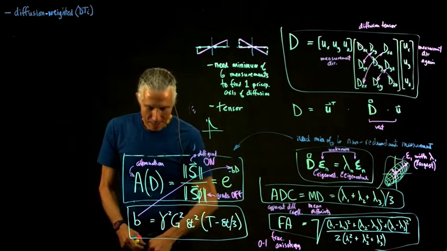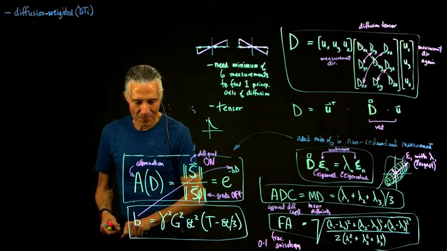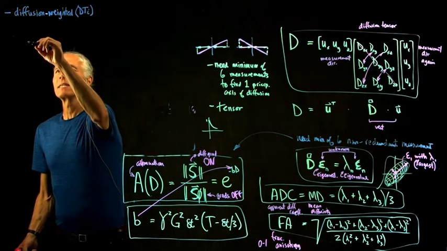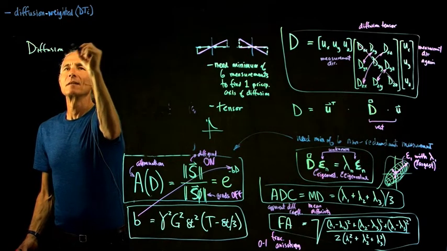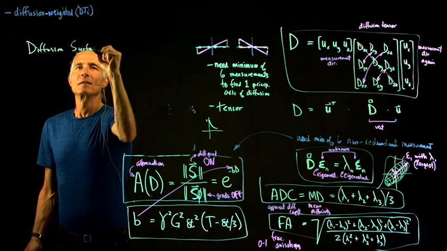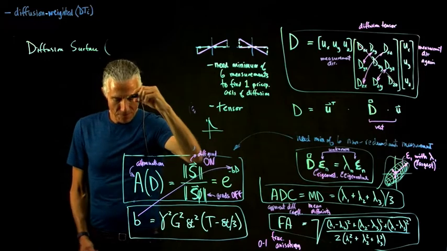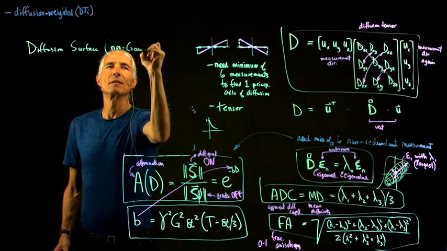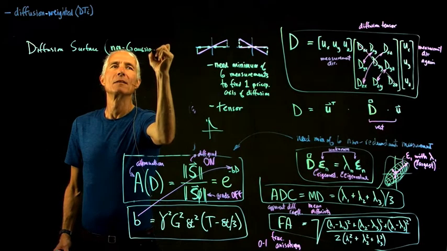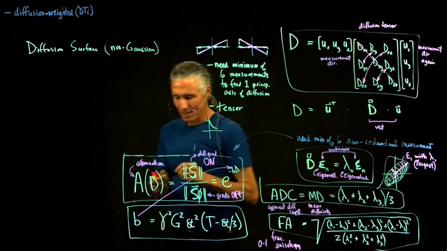In that case we might need a diffusion surface, because we have non-Gaussian diffusion. So what's non-Gaussian diffusion?